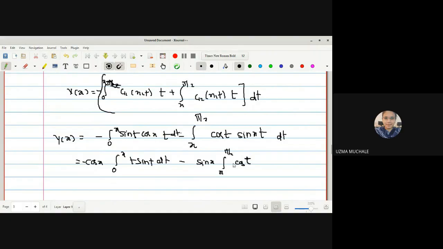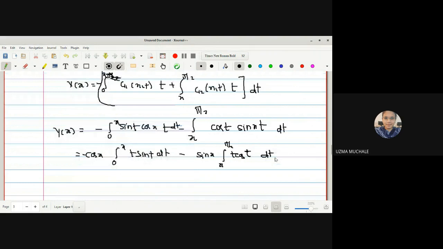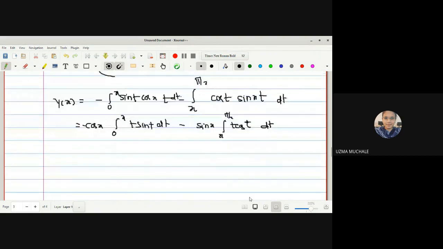Now we have to evaluate the integration of t sin t and t cos t with the help of integration by parts, and then put the limits. You can do this integration by parts. I will write down the direct answer for this.